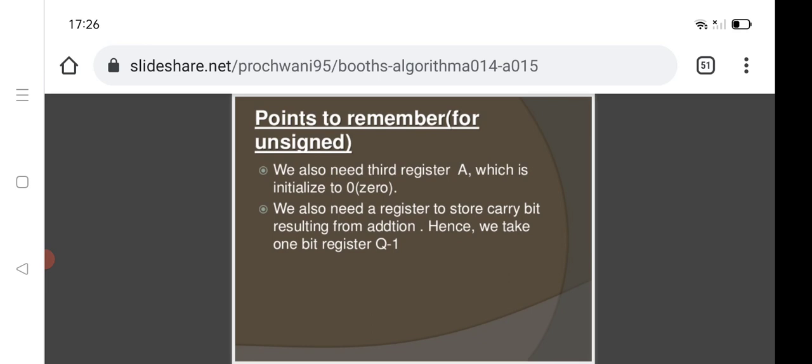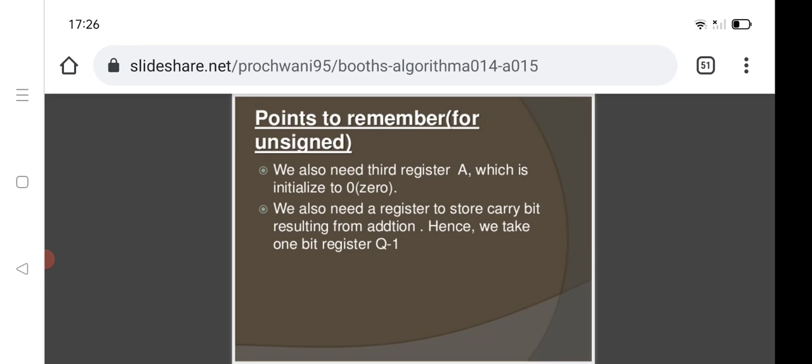Apart from the A register we require one more 1 bit flip-flop, a 1 bit register, which is used to store the carry bit resulting from the addition. When you perform the addition during multiplication, there may be chances of getting a carry bit.